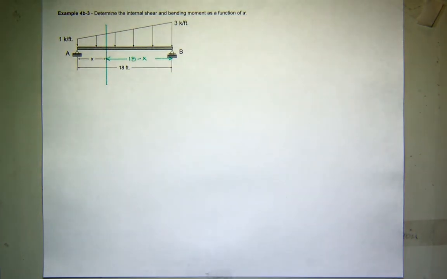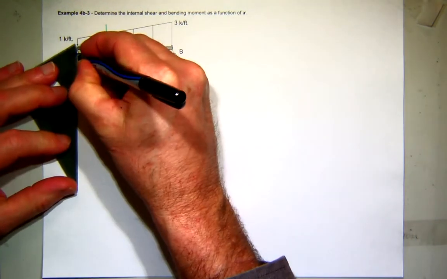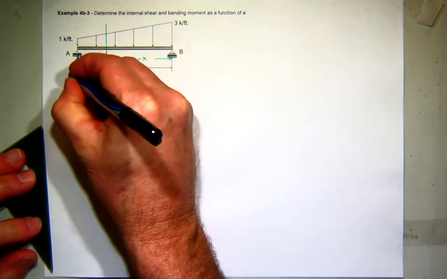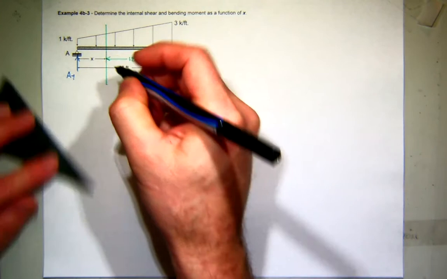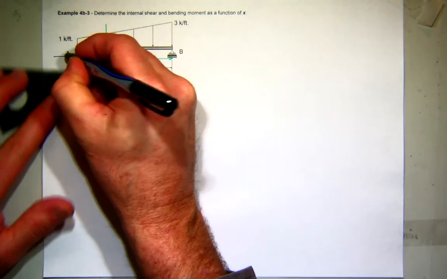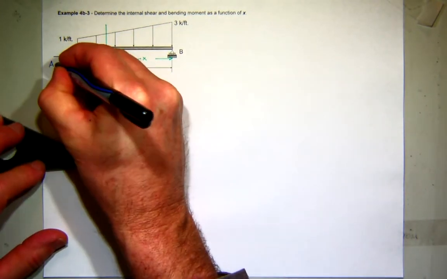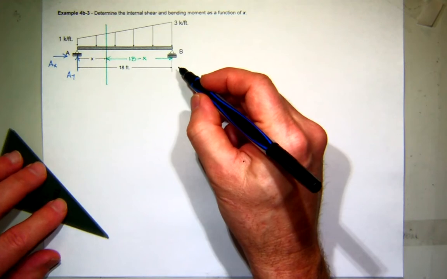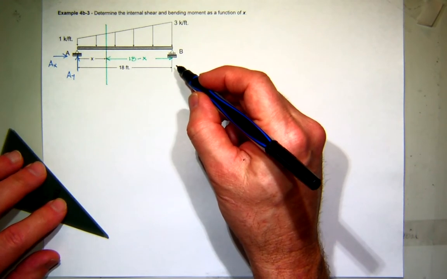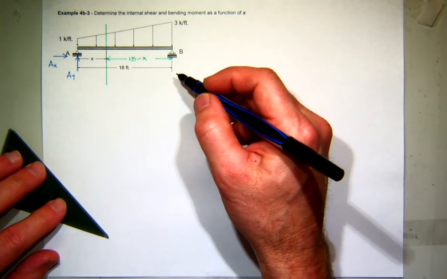We would need two reactions at A if I went to the left side, right? I would need to know the vertical reaction, which would be AY, or the shear, and possibly an X reaction. On the right-hand side, I would need to know that reaction, which is also a shear.